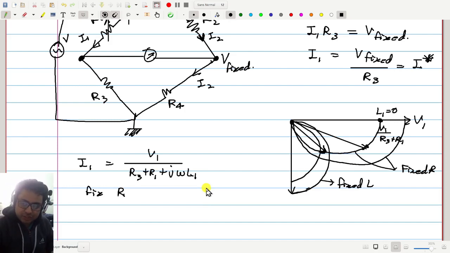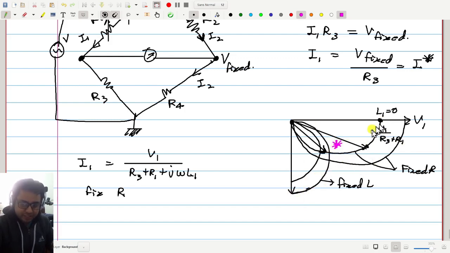Now suppose this I star is the value of I1 for which I will get the balance. Suppose that point is somewhere here, anywhere. Then by changing the value of resistance and inductance, that means by moving on these curves, I have to come to this point.